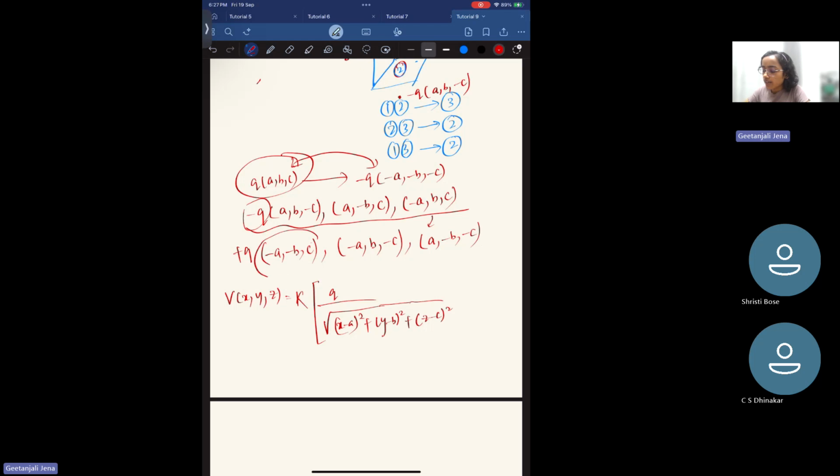Similarly, for minus Q at minus a, minus b, c, this will become x plus a, y plus b, and z minus c. So I think you can calculate the potential now. Do you have any doubt? Let me know, or I will try to clarify it, or we'll move to the next problem.